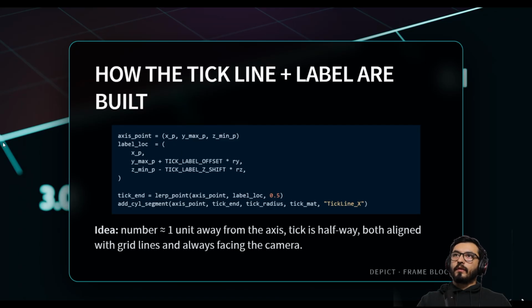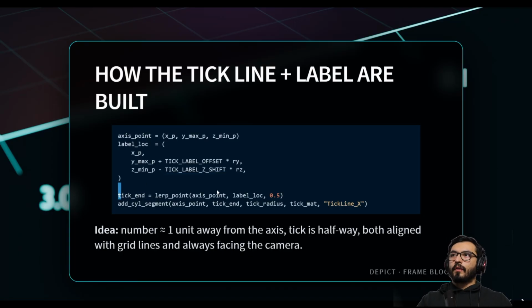So this is, at the end, the length of the tick. Something that we have here is how far we want it from the axis, and some shift in the Z direction that is usually negative, so that we don't have the numbers at the same level as the plane, because this would in some way occlude the visibility of the ticks.